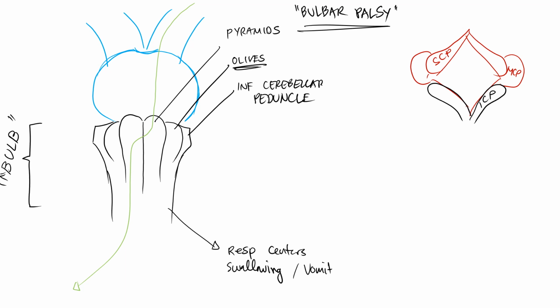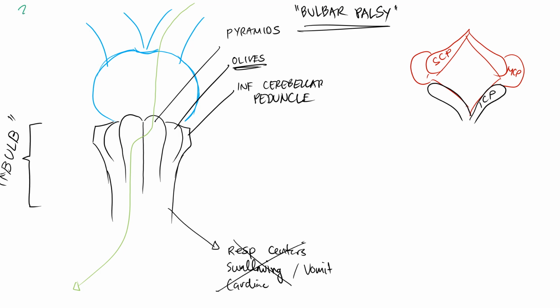You even have your cardiac centers in your bulb or your medulla. Okay, so it's a very important part. If your medulla gets impinged or pinched, your respiratory centers especially will get inhibited and you stop breathing. Now, so basically that's your anterior surface anatomy. Of course, we have to discuss your cranial nerves.